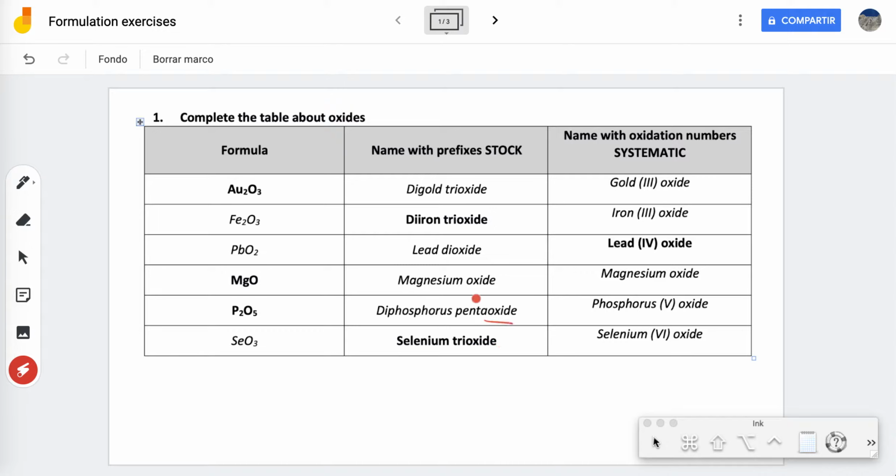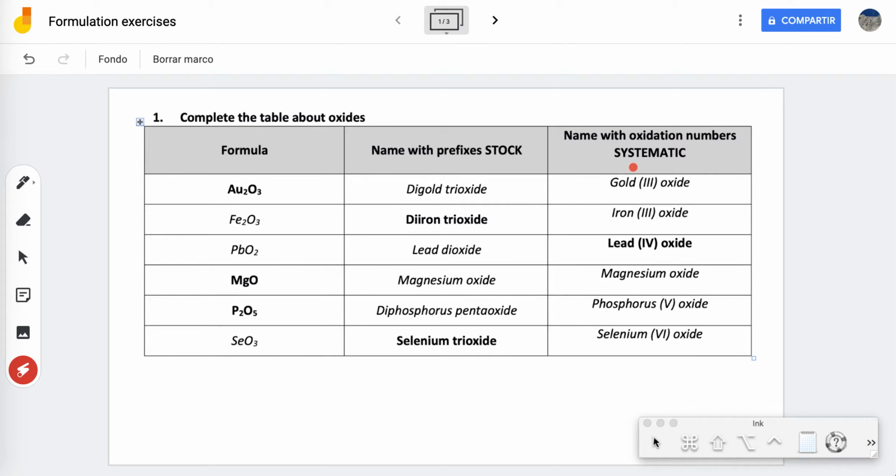So 2 golds using prefixes will be digold, and then 3 oxygens, trioxide. Stock nomenclature is the easiest one.